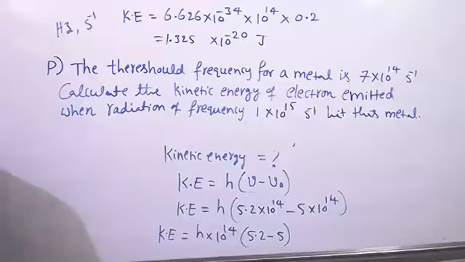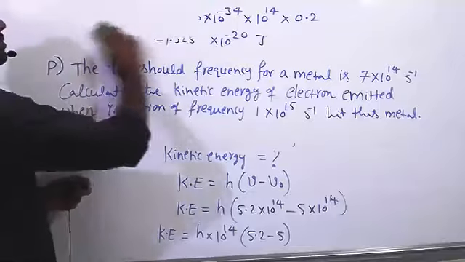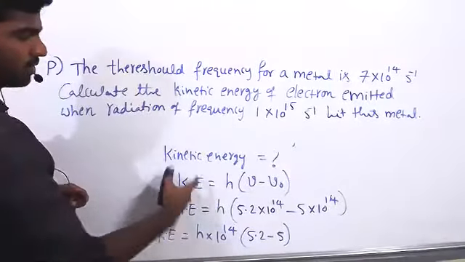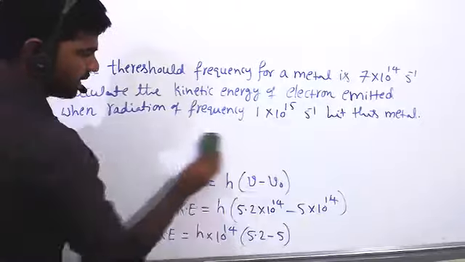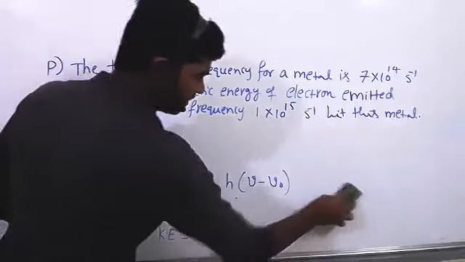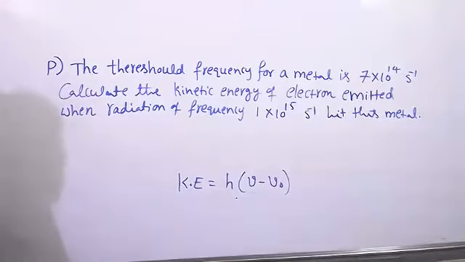All of you try that question. This is a classwork. Complete it in 3 minutes. Same formula, you have to use this only. Kinetic energy is equal to h into nu minus nu 0. So 1 into 10 power 15, we can write it as 10 power 15 itself, right?